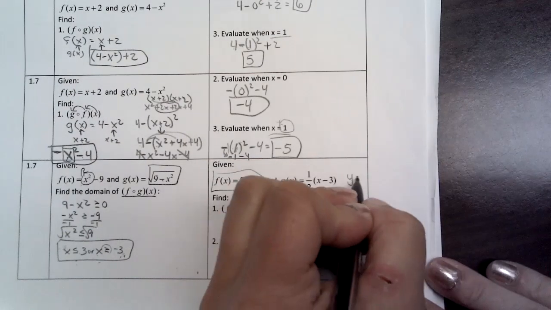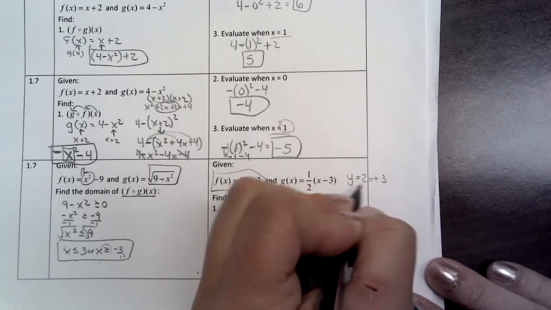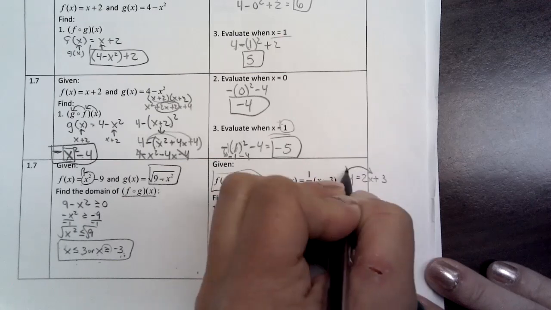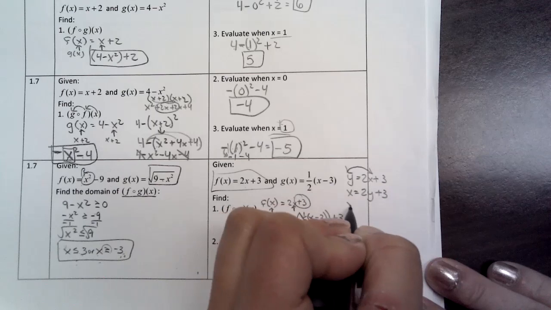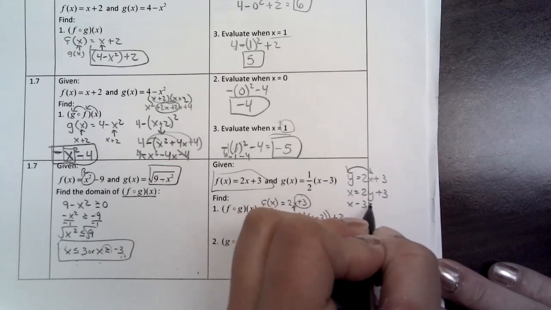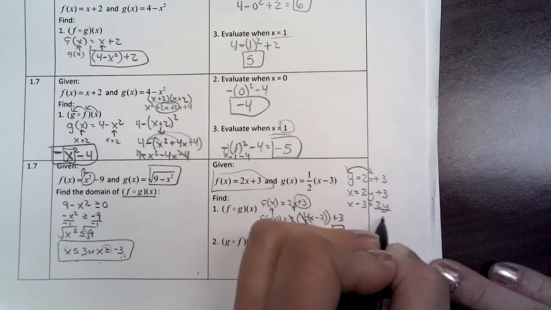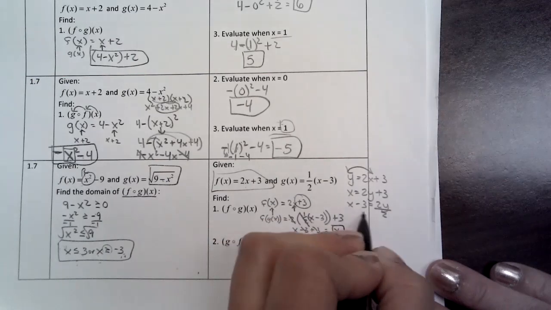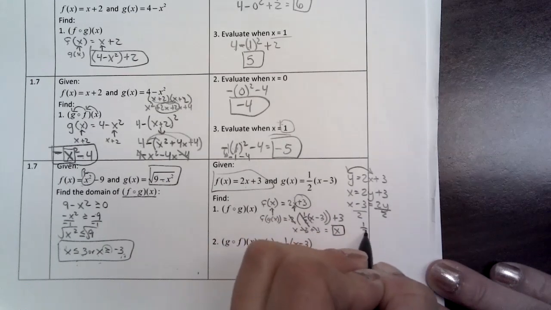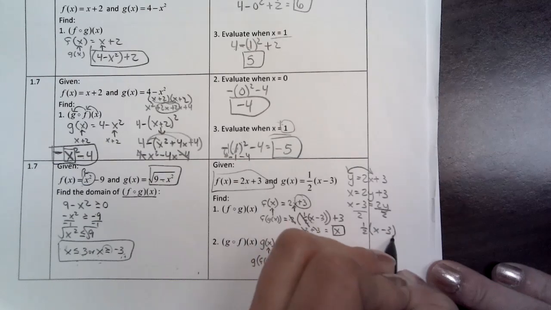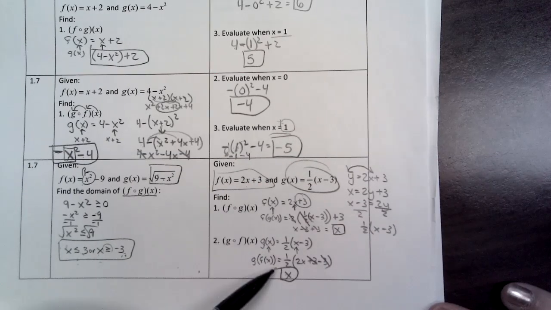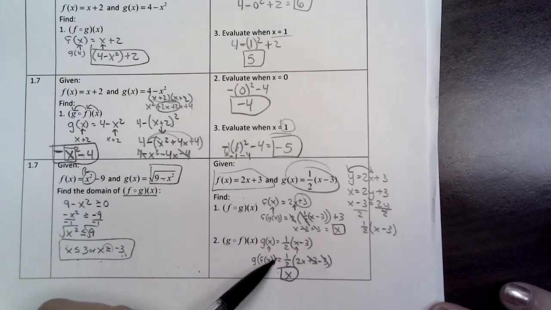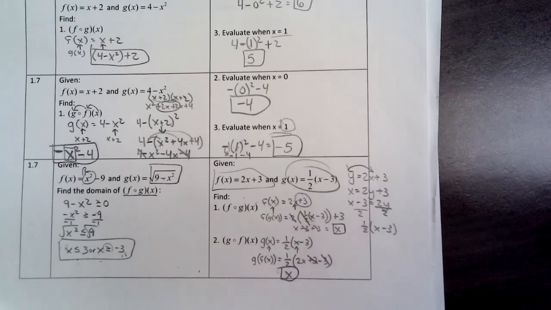If I change this to y equals 2x plus 3, then swap my x and y and solve, I get x minus 3 equals 2y, divided by 2, which is the same thing as 1/2 times x minus 3, which is my g of x. So remember, if the compositions of each other both equal x, then they are inverses of each other.